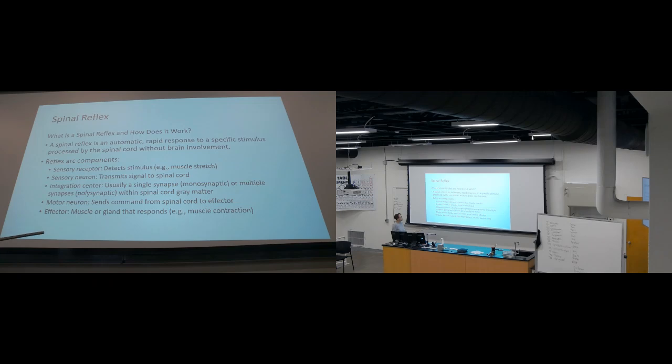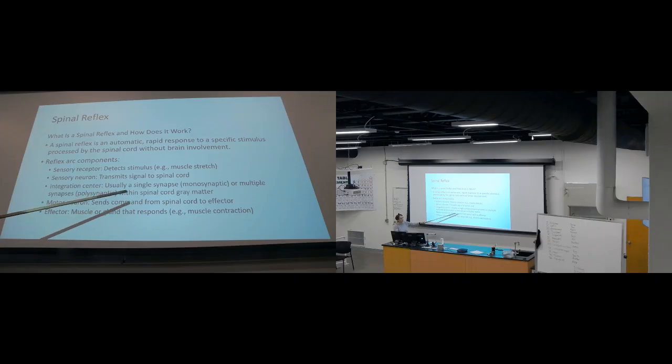You have to have a sensory receptor that takes the signal, the stimulus. It can be muscle stretch. You have a sensory neuron that transmits the action potentials into the spinal cord. And then in the spinal cord, you have an integration center in which this sensory neuron synapses with another neuron or multiple neurons, either monosynaptic, which is only one single connection, or polysynaptic, with multiple connections within the spinal cord.